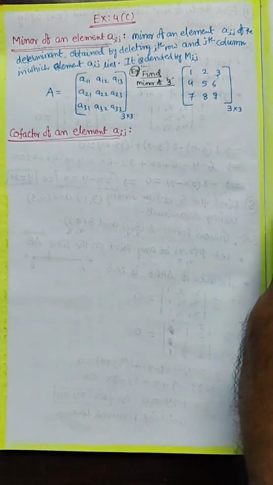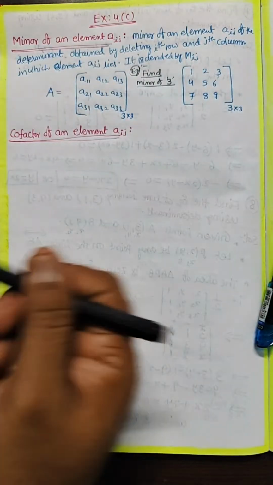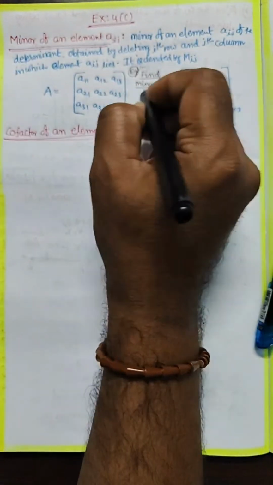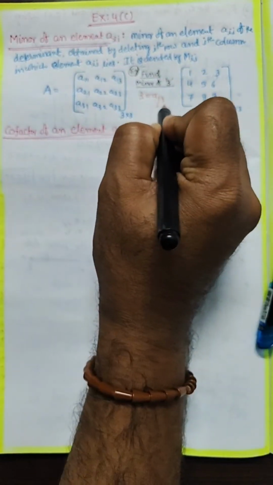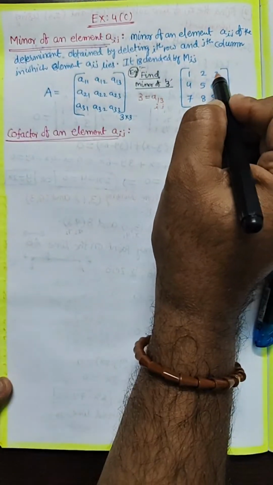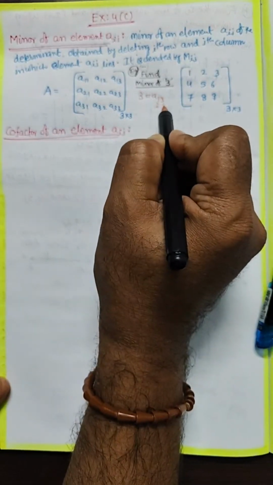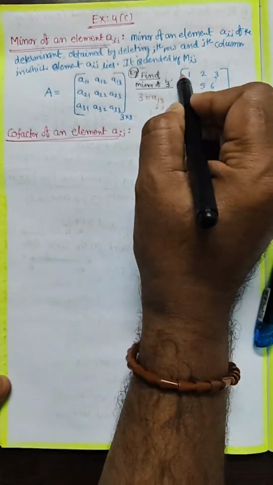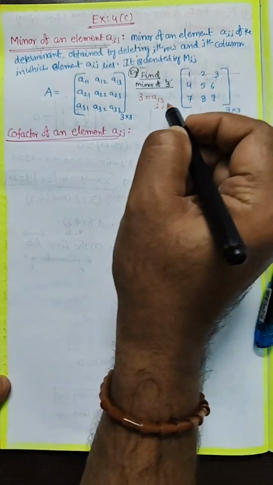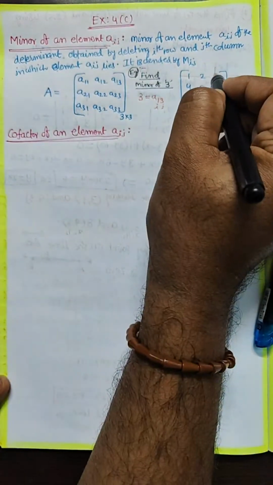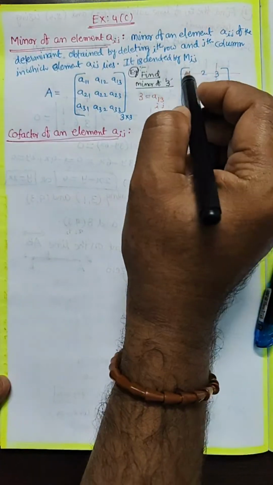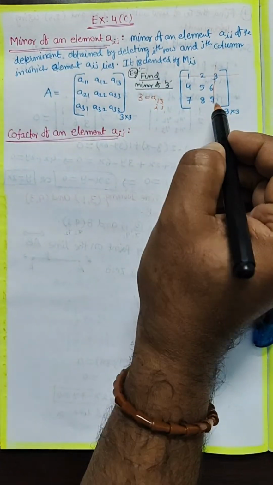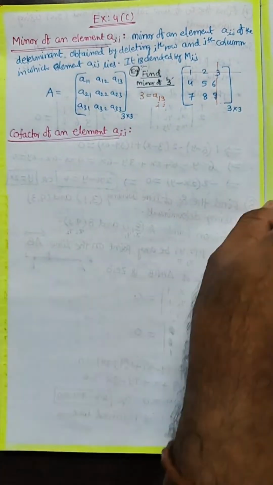This is i, this is j. The ith row, jth column, that means the first row, we are deleting. Next, the third column, we are deleting.